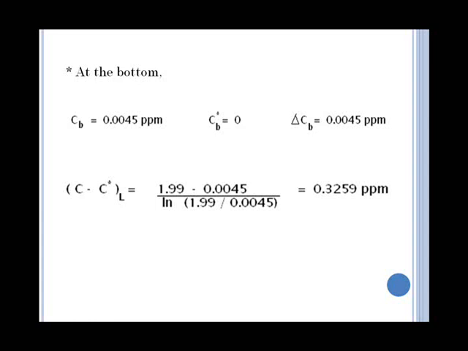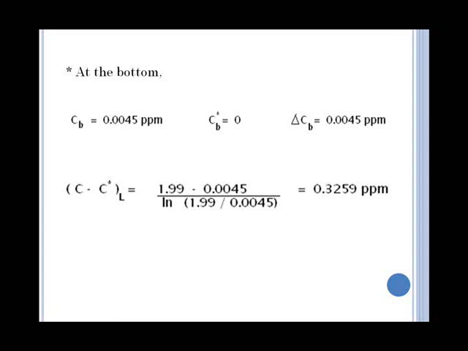For the denominator, C minus C star is equal to CA minus CA star minus CB minus CB star, or delta CA minus delta CB, divided by ln of delta CA over delta CB, or ln of CA minus CA star over CB minus CB star.